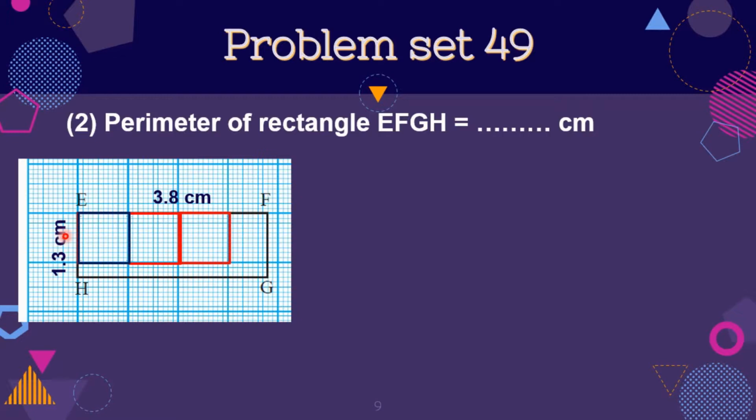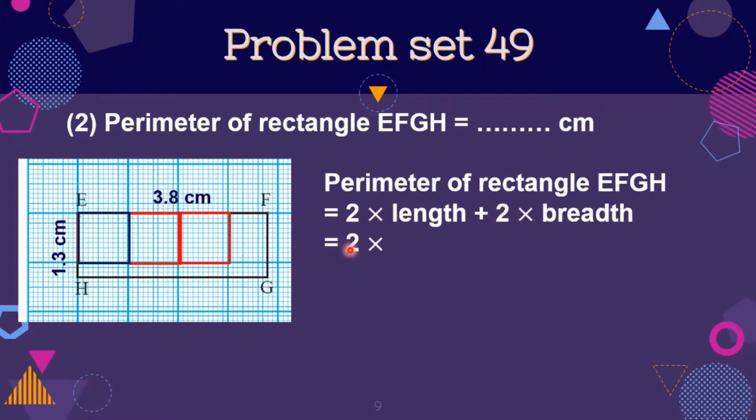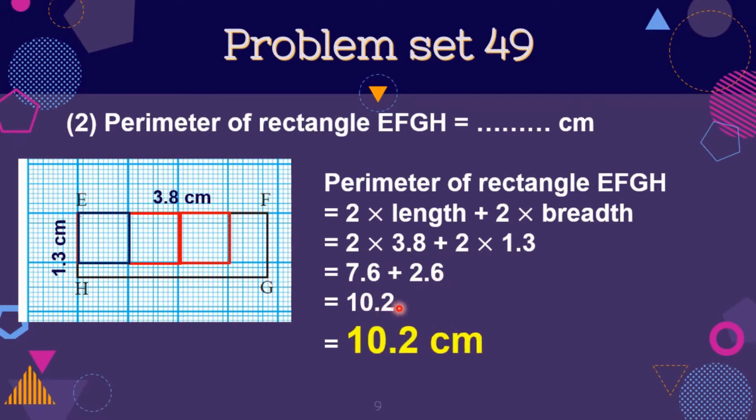We have perimeter is equal to 2 into length plus 2 into breadth. So we write 2 into 3.8 plus 2 into 1.3, which is equal to 7.6 plus 2.6, which is equal to 10.2. So here we get the perimeter of rectangle EFGH is 10.2 centimeter.